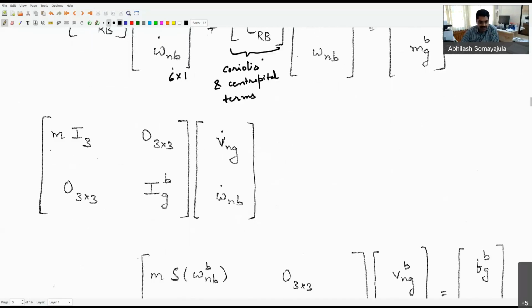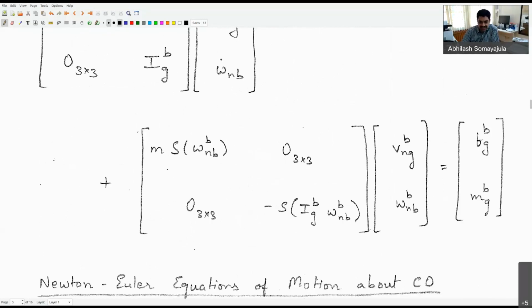These matrices themselves can be seen to be pretty regular. So the mass matrix is an identity matrix in the top corner, zeros on the cross diagonals, and then the inertia is there in the bottom 3x3 location. If we look at the so-called centripetal acceleration terms, that also can be computed pretty straightforwardly.